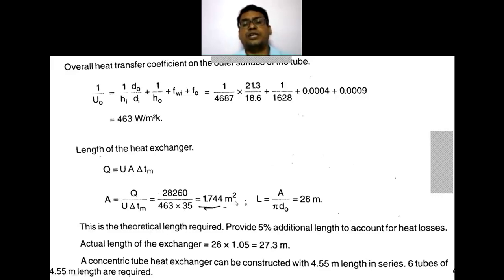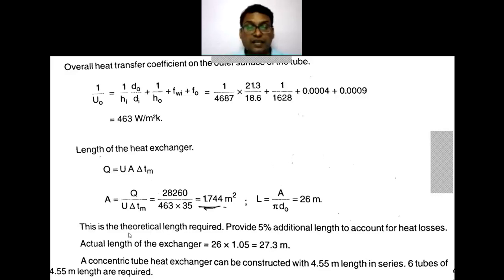So the area comes as 1.744 meter square. Area upon pi D_o into L will give me the length. Total length is coming to 26 meters only. It's not too much area, 1.74 meter square. It's a very low area, and that is why we are choosing a concentric pipe heat exchanger. We are not going for a shell and tube heat exchanger in this case because the area is very small.